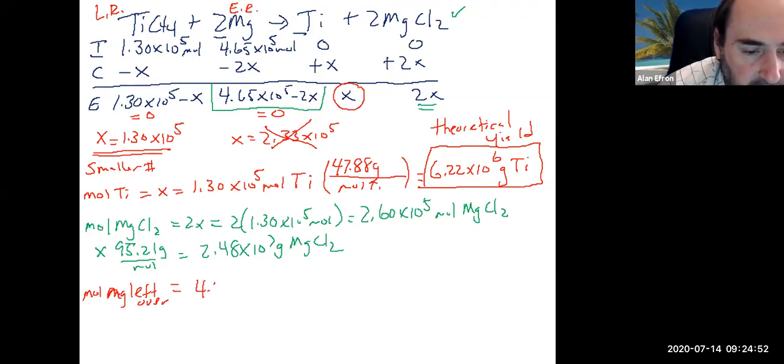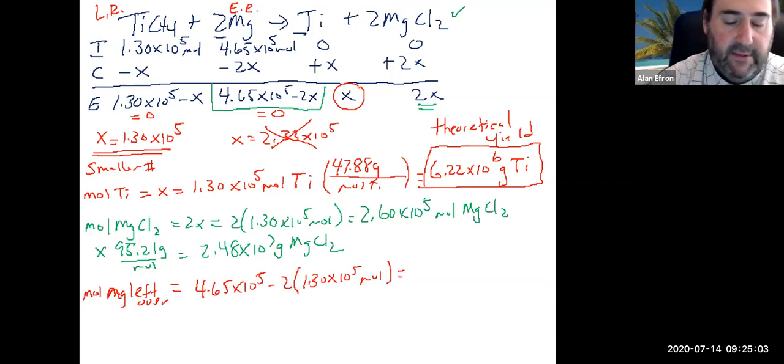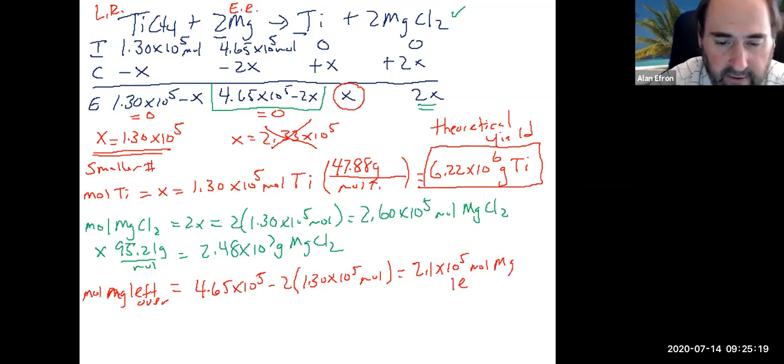Would be 4.65 times 10 to the fifth minus 2 times X, which is 1.3 times 10 to the fifth moles. And we would see that we had something like 2.1 times 10 to the fifth moles of magnesium left over.